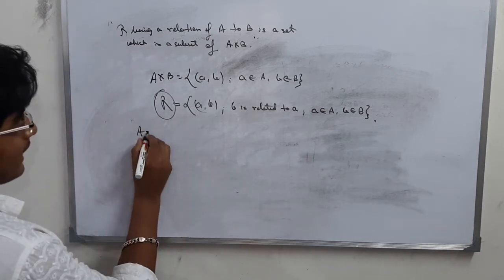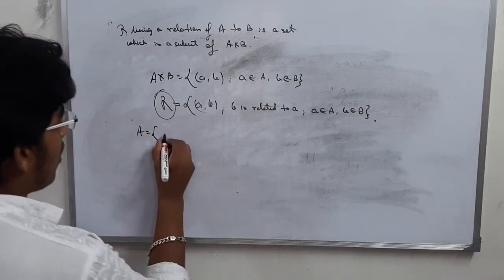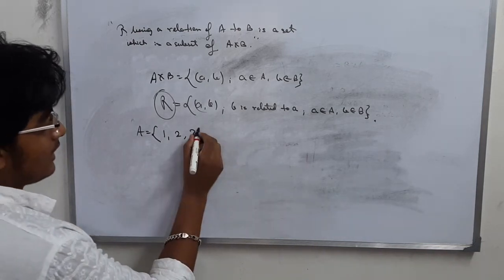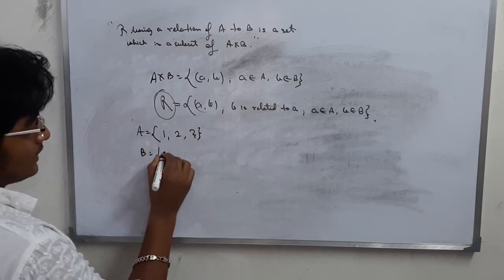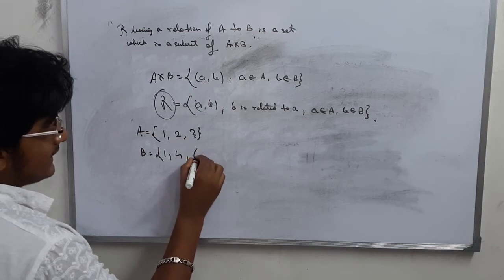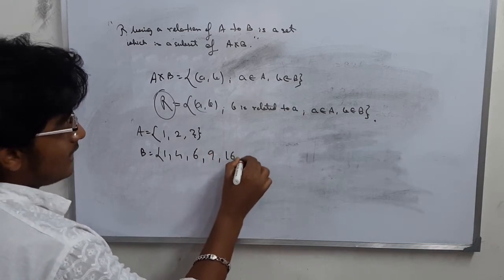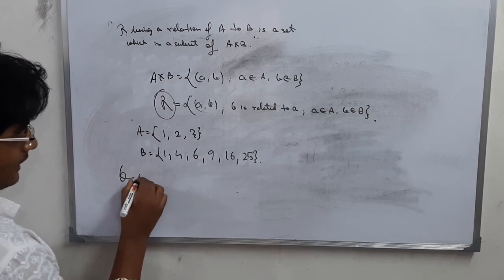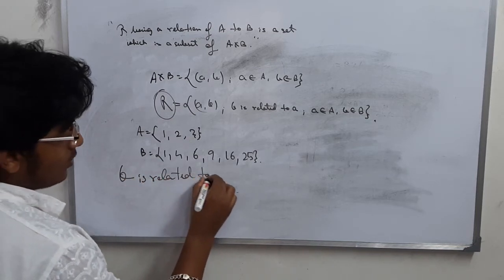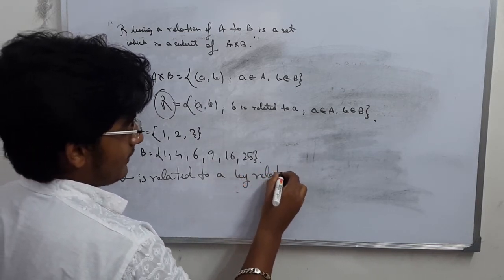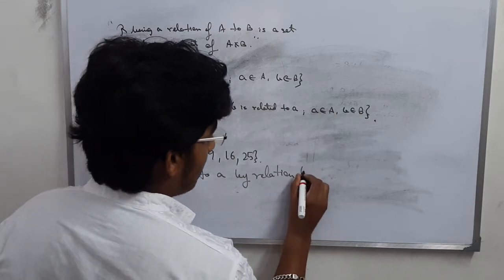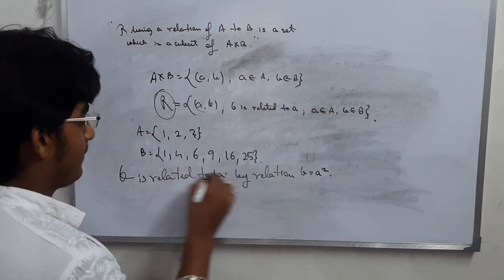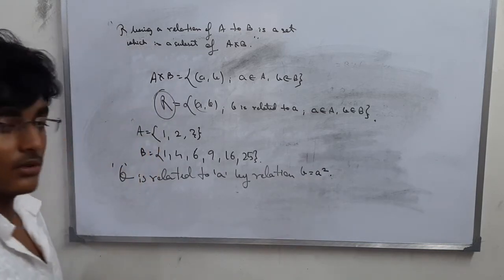Say A has 1, 2, 3, and B has, say, 1, 4, 6, 9, 16, 25, and we say that B is related to A by the relation B equals A square.